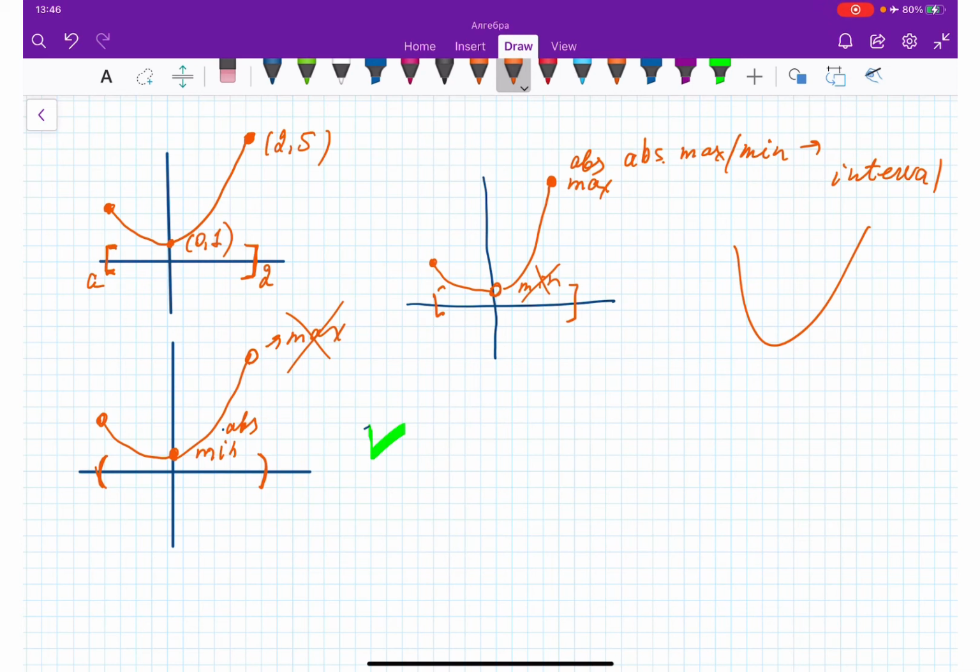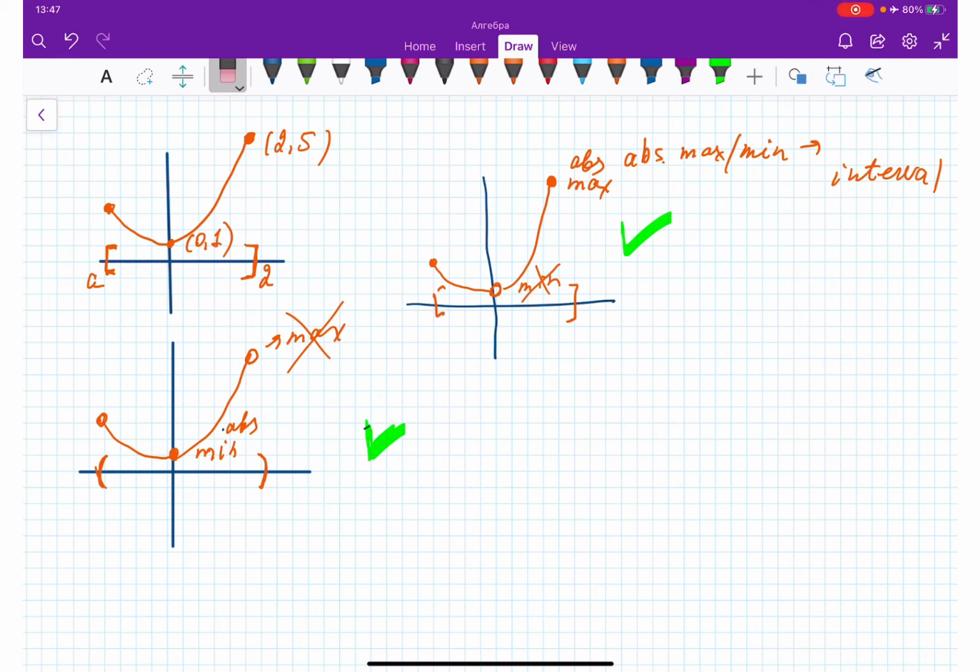So on an interval, we can have absolute maximum and absolute minimum, or we can have only absolute maximum, or only absolute minimum. And we have examples of all of that. I showed an absolute maximum here, and an absolute minimum here. Okay, we good? And this maximum and minimum we call extreme values.